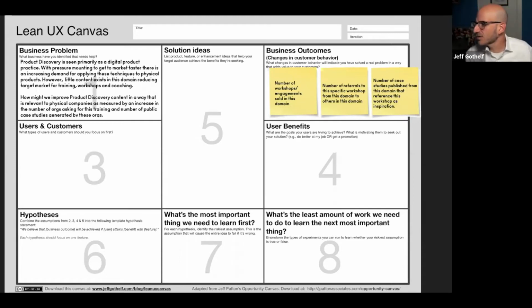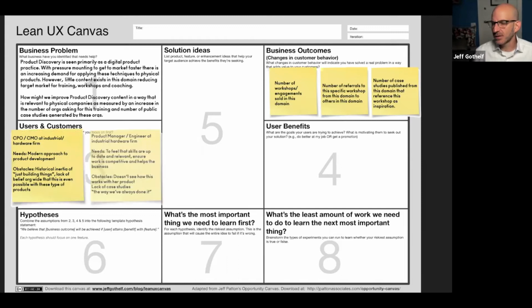And then the number of case studies published from this domain that reference the workshop as an inspiration, right? So I want to see these folks love these ideas so much that they're writing case studies. They're saying, we took this Lean UX class and you know what? It changed the way that we build airplane engines, something along those lines. But that tells me that we've done something positive, right?